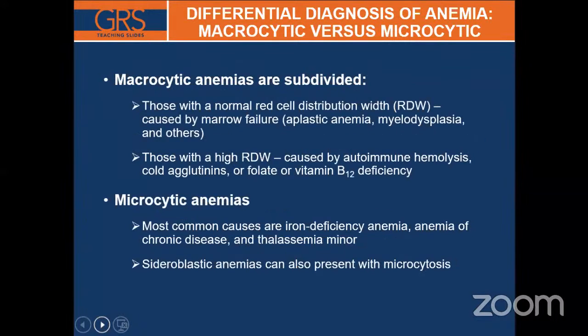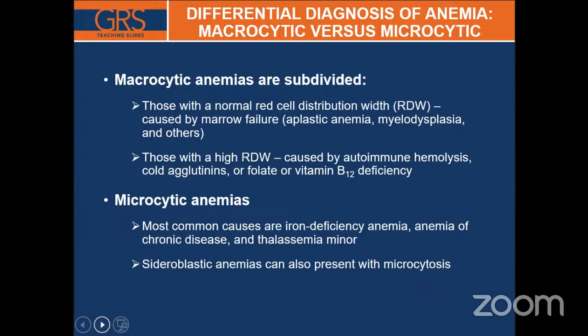Okay. Now, for the last part, we have to differentiate between the various causes of macrocytic and microcytic anemia. We start with macrocytic anemia. We divide it according to the RDW, the red cell distribution width, which reflects the differences in the shapes and widths of the RBCs.